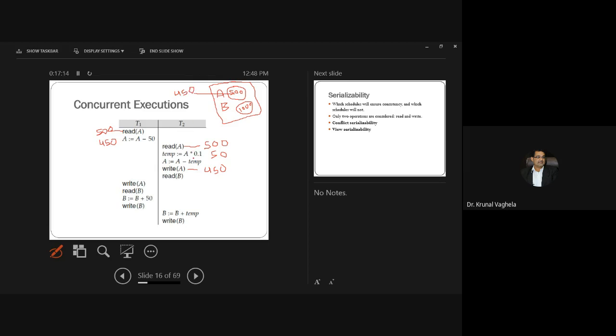Read B. So what is the value of B read here? 1000. Write A. What is the value with A? 450. So again it will write 450. Read B. What is the value of B? 1000.